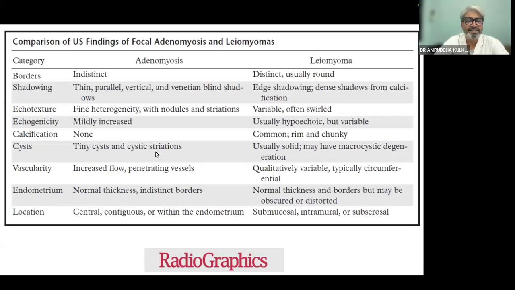Tiny cysts and cystic striations are a feature of adenomyosis. The increased vascularity and penetrating vessels are a hallmark feature of adenomyosis. But in cases of long-standing leiomyoma with degenerative features, or fibroid with pregnancy, on many instances can show penetrating vessels.